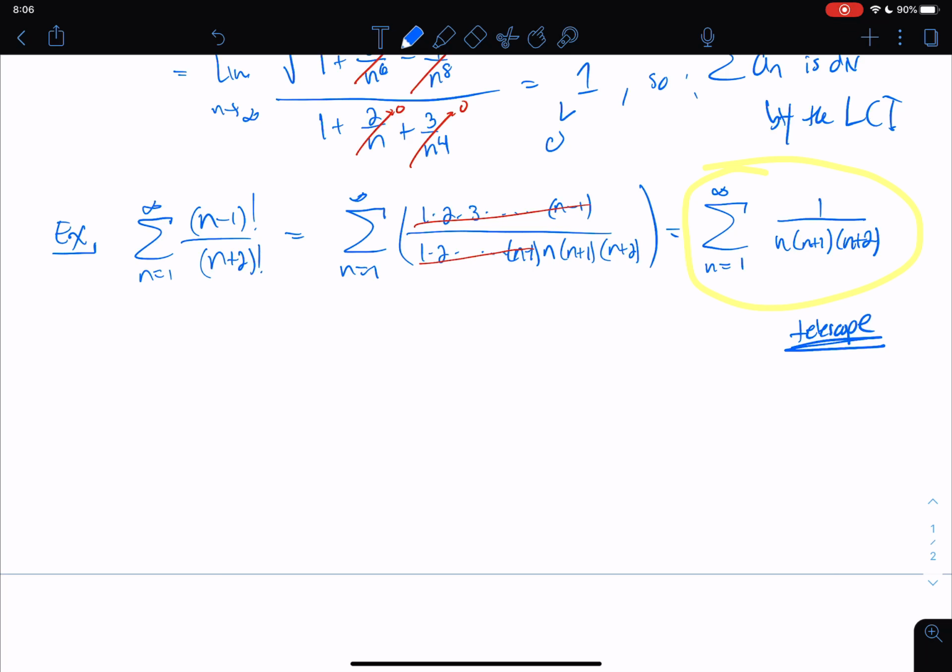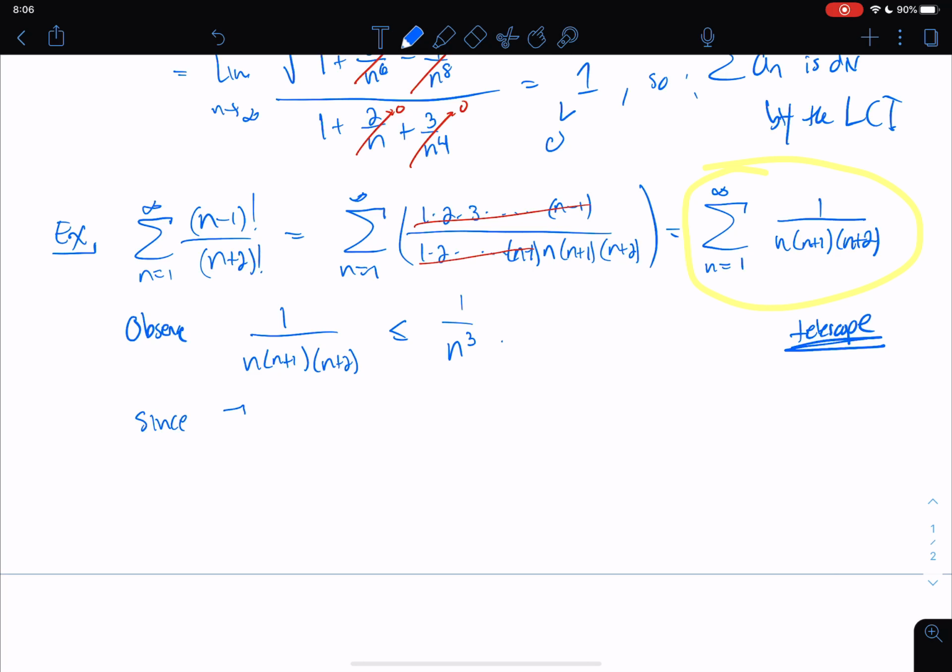The key observation here is the following. If I were to just delete the 1 and the 2, I get something that's bigger. So 1 over n times n plus 1 times n plus 2 is less than or equal to 1 over n cubed.